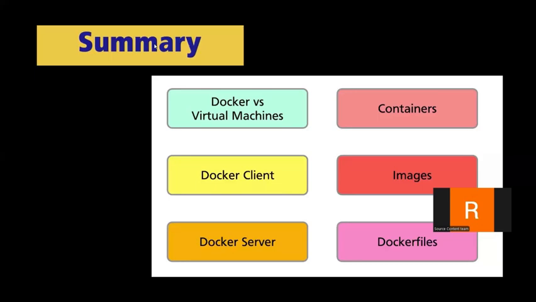After that, Docker containers: containers are based on images, and containers run based on the images. Those images may be in your local cache, or may be present on Docker Hub. So what is the Docker client? If you just open Docker PowerShell and just write docker only, it will connect.